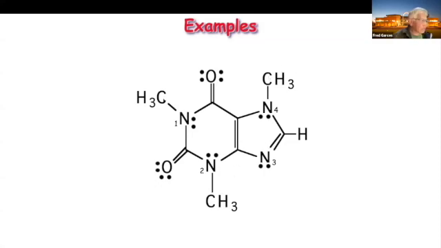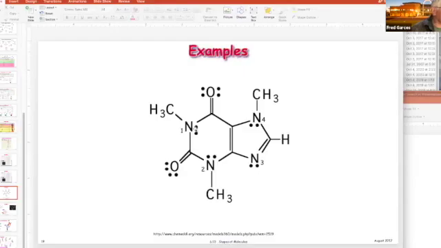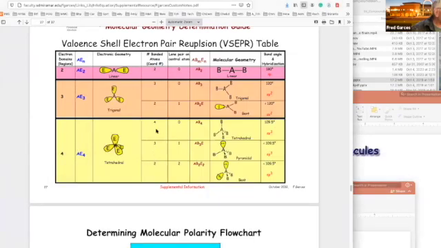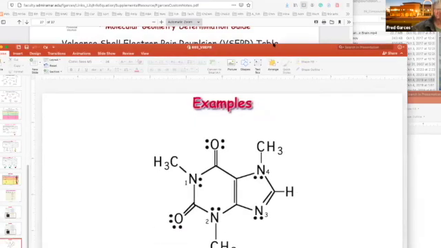Tetrahedral, tetrahedral, tetrahedral. Let's take a look at this nitrogen. This nitrogen has 1, 2, 3, 4 domains, but one of them is a lone pair. So 4 domains, 1 lone pair. So we're here, 3 bonded atoms, 1 lone pair. Where are the bonded atoms, you might say? See this nitrogen?